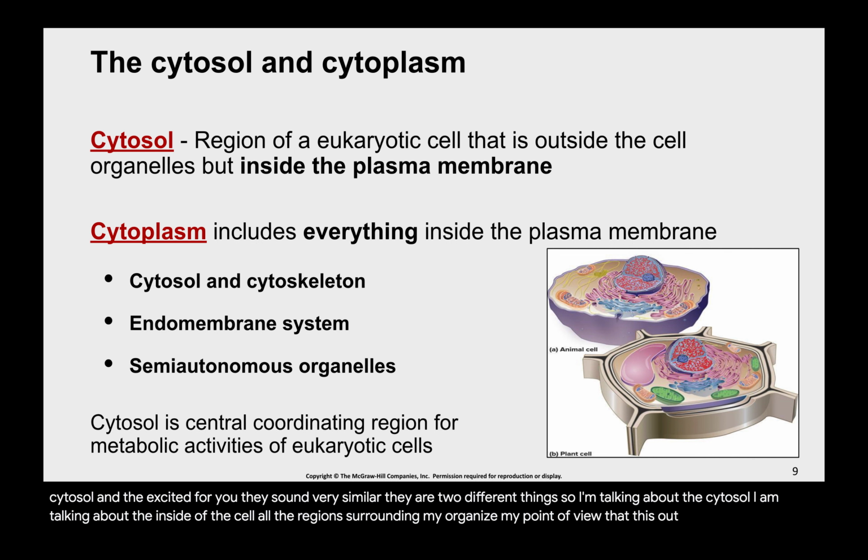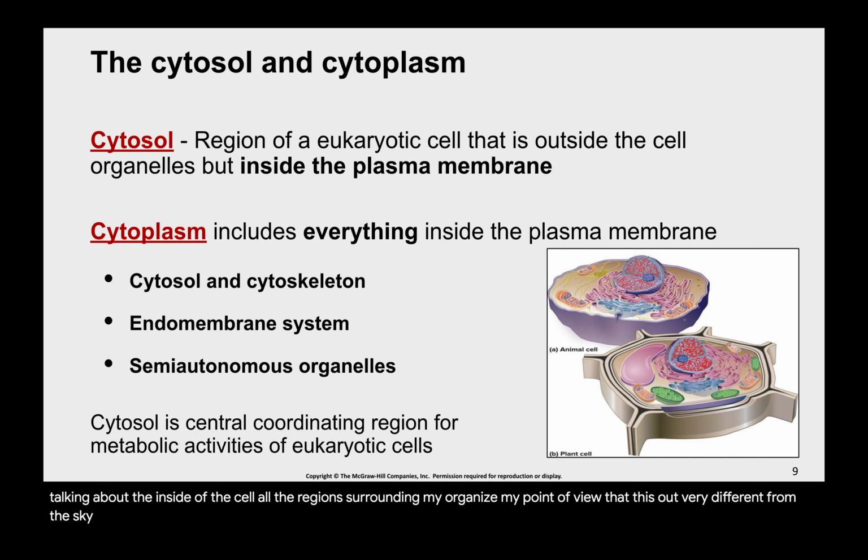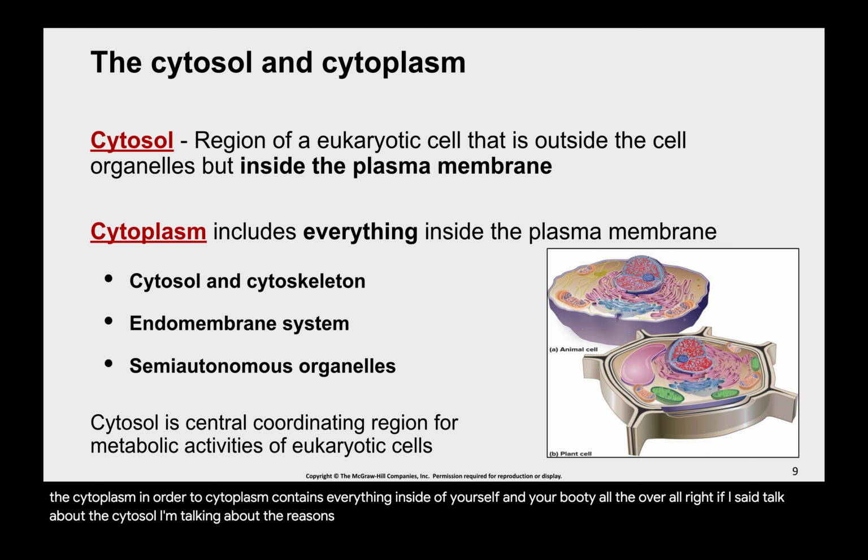It's very different from the cytoplasm, which contains everything inside of the cell, including all of the organelles. So if I say cytosol, I'm talking about the region surrounding those organelles. If I'm talking about the cytoplasm, I'm talking about everything inside of the cell.